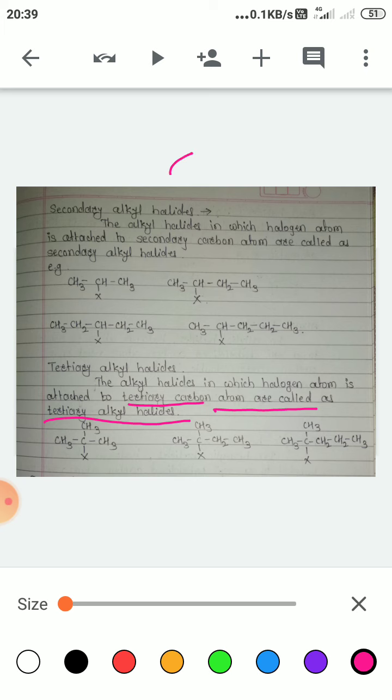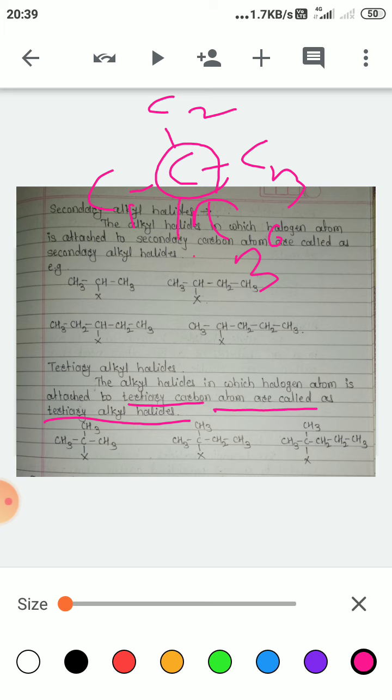First, if a carbon atom is attached to three other carbon atoms. Now see, this middle carbon atom is attached to 1, 2, 3 carbon atoms, therefore this carbon atom is called a tertiary carbon atom. And if the halogen atom is attached to this tertiary carbon atom, then they are called tertiary alkyl halides.